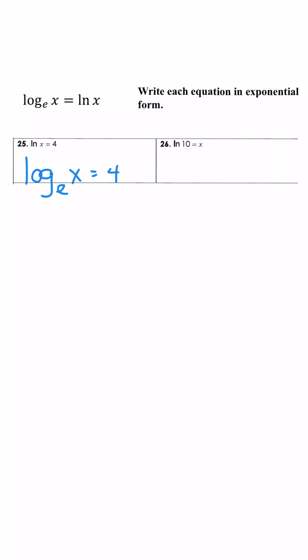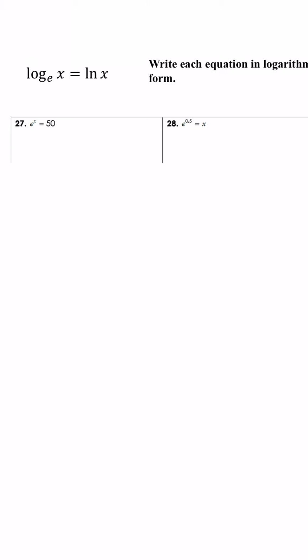So we would say that x equals e to the 4th. That's if I use the little loop-de-loo right here. On this one, it's going to be e to the x equals 10.